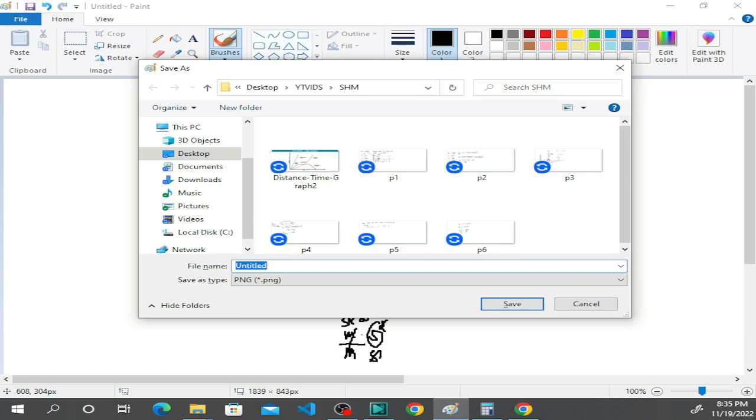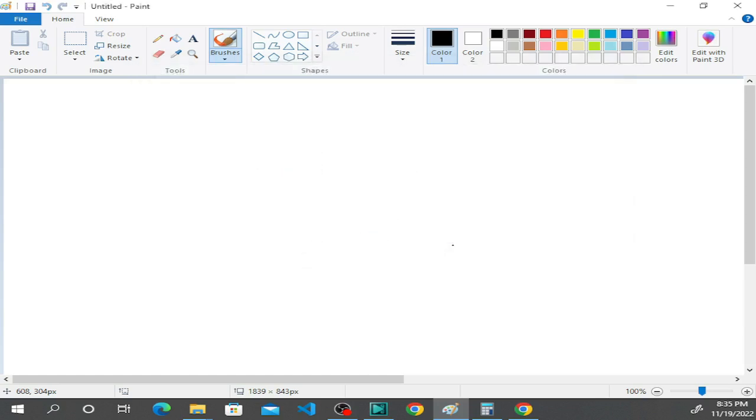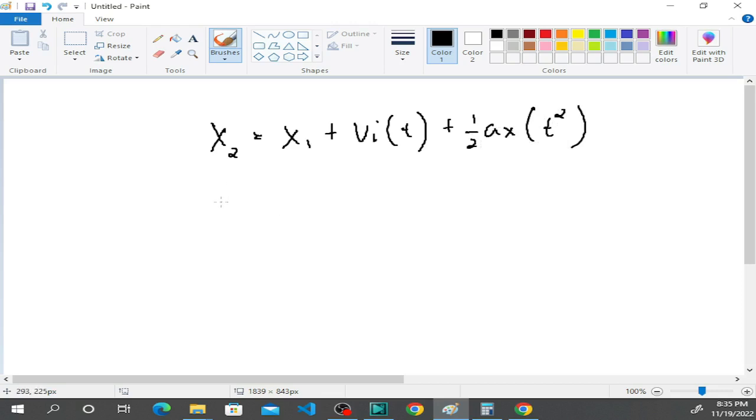Oh, P7 was lost, so this is P8. Alright, so we go back to this formula. x sub 2 is equivalent to x sub 1 plus vi times the value of time plus 1/2 ax t to the power of 2. So x sub 2 is equivalent to the initial position, okay?